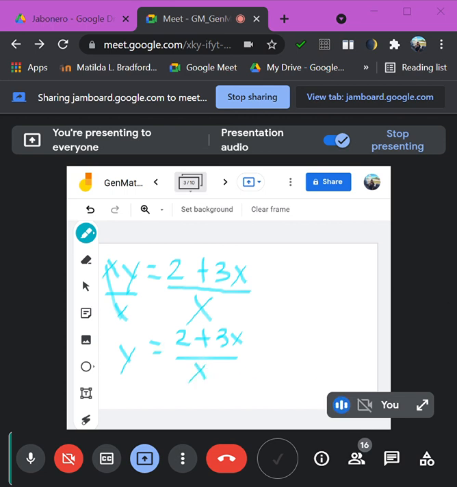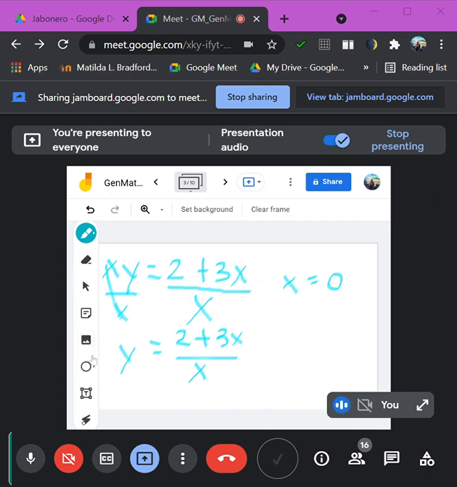Okay, and then, teacher, what comes next? Next, we do the same process we used in getting the domain. We take the x in the denominator and equate that to 0. Then x is equal to 0.